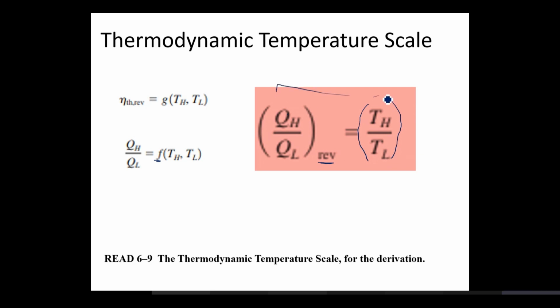This is a very important aspect for determining the efficiency of a Carnot engine. So for a reversible heat engine, the ratio of QH to QL is equal to the ratio of the temperatures of the reservoirs with which QH and QL are interacting.